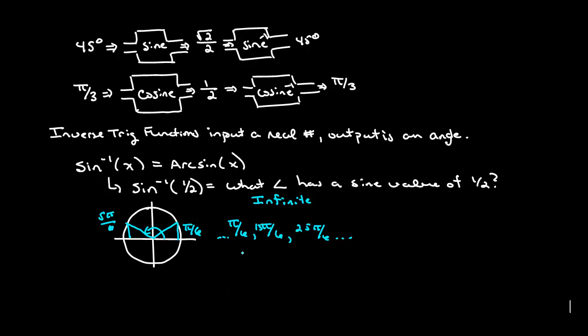Also, 5 pi over 6 is one of them, 17 pi over 6, so on and so forth in both directions. There's an infinite amount of them. So therefore, the sine function doesn't have an inverse over its natural range and domain.